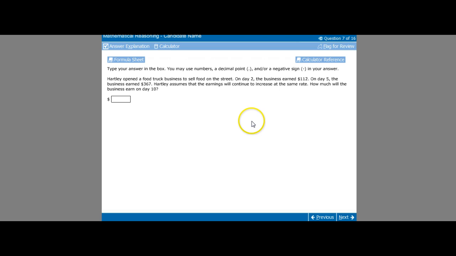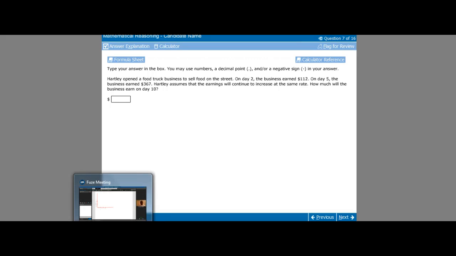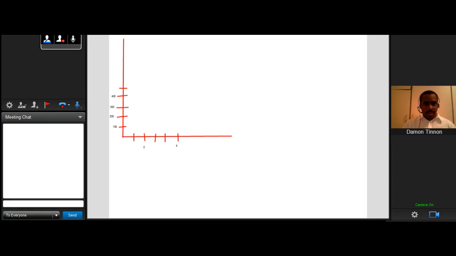So what we see here is that on day 2, the business earned $112. So now I'm going to plot that point on the drawing that we've made. I'm going to grab my pencil here, and I'm going to use the color black. So here's day 2, and here's the amount of money. On day 2, he made 112, so that point's going to be somewhere around here.